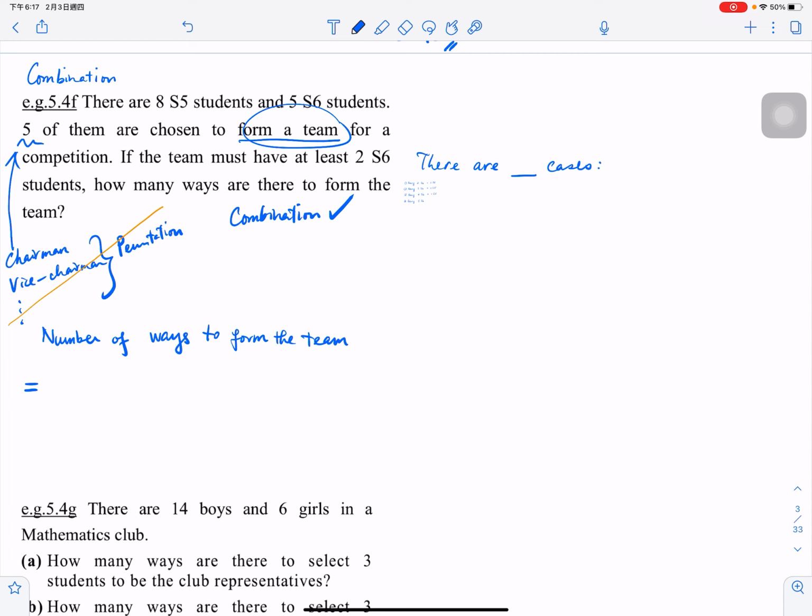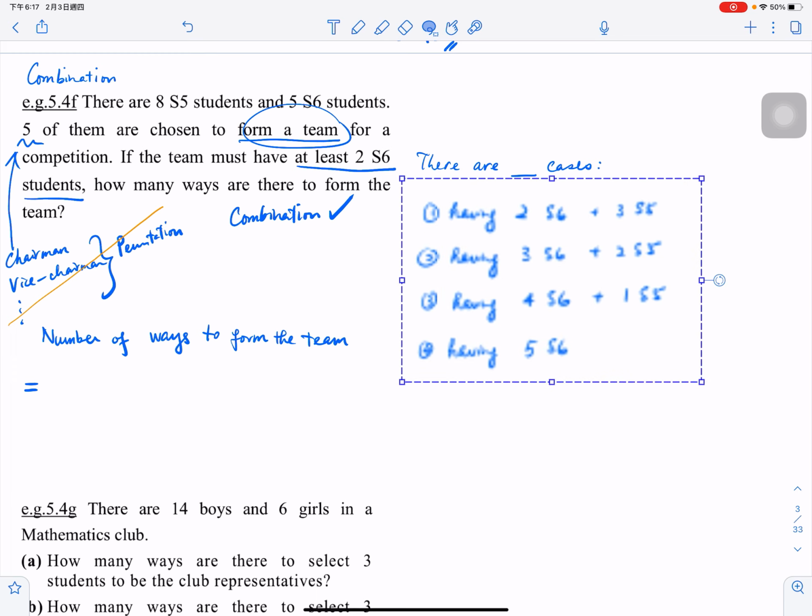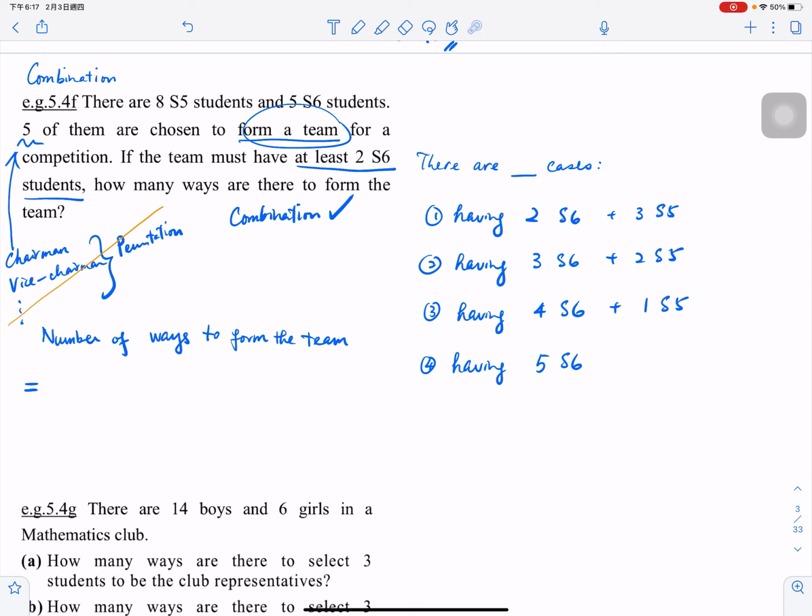So, can you think about this? How many cases can we break it down into, if at least 2 S6 students? Maybe you can pause and think about this one, and now I will let you know. If you have at least 2 S6 students, that means maybe 2 S6 students and 3 S5 students, because the team totals 5.